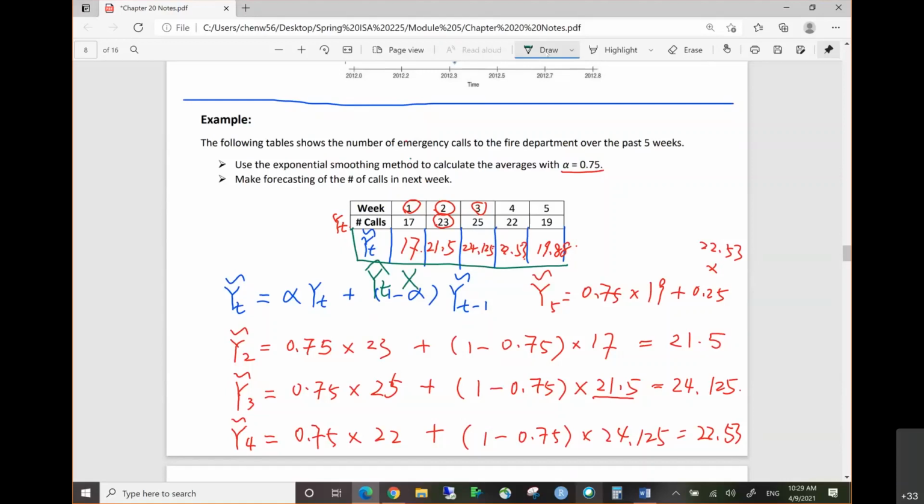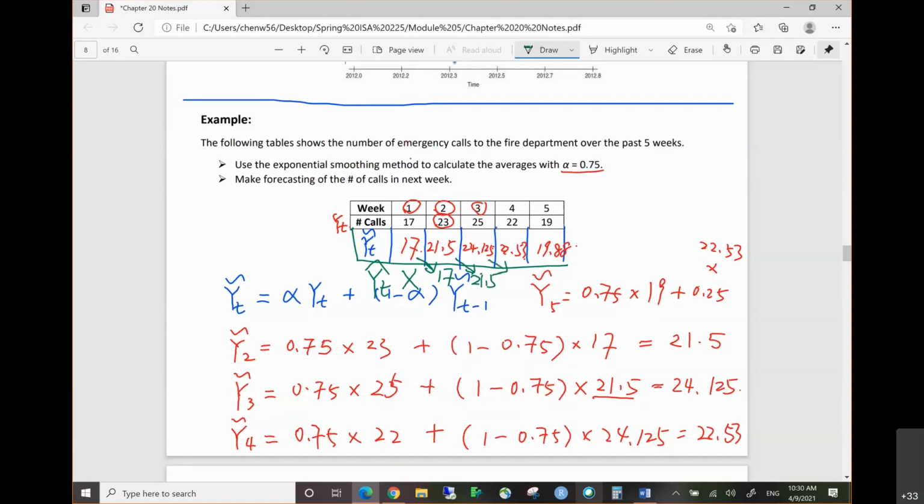For week 2, we use the previous estimated value, so the predicted value for week 2 will be just 17. Similarly, the predicted value for week 3 will be the estimated value for week 2, so it will be 21.5. We just use the previous estimated value as the predicted value.